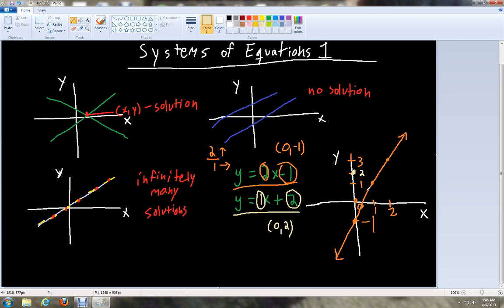So here we're going to go up 1 over 1, and then keep going: up 1 over 1 again, and up 1 over 1 right there. And this would be about 3.